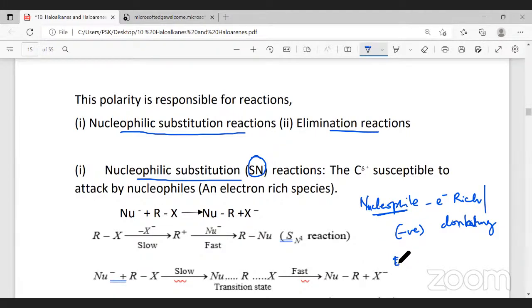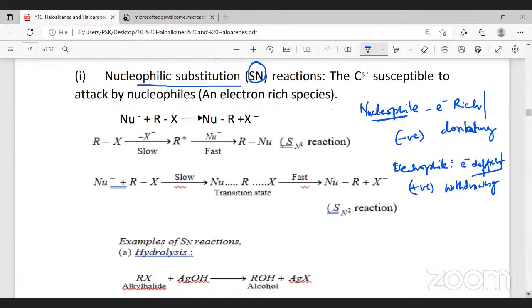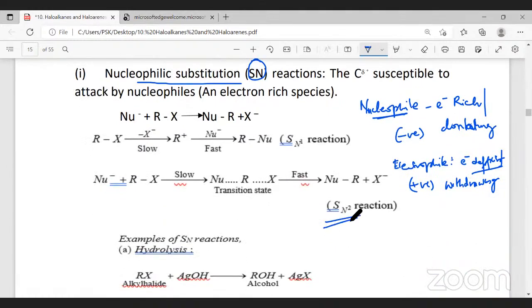Now, coming to the term electrophiles, electrophiles are electron deficient groups, or electron attracting groups, or electron withdrawing groups. Generally, they will have positive character. So nucleophilic substitution reaction, we will be learning the mechanism in detail. That is SN1 and SN2 mechanism we will learn later.